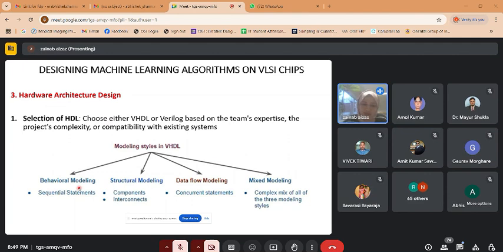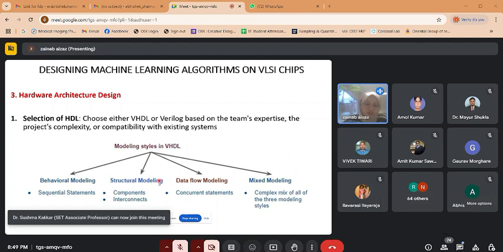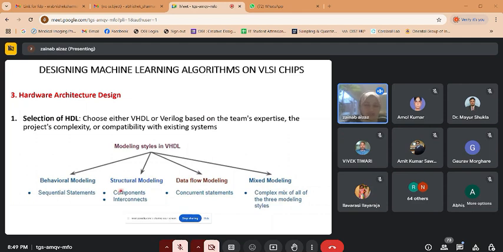Because those constructs are directly mapped on an FPGA. So what you get is basically a simpler circuit, and there are fewer chances of getting latches and all. So it's better to have structural modeling for a combinational circuit, and for memory, because it's a sequential one, you need to do behavioral modeling. So you would end up doing mixed modeling, right?